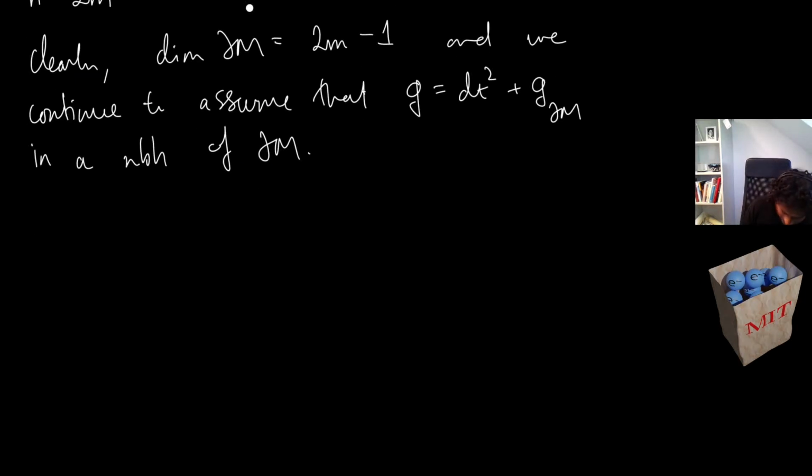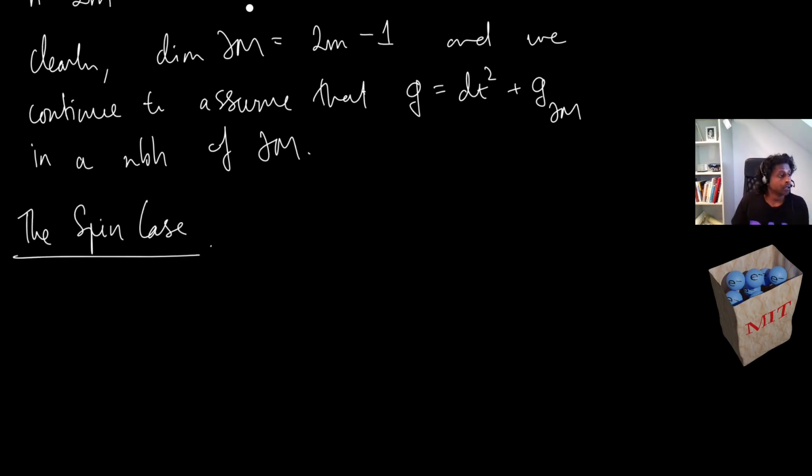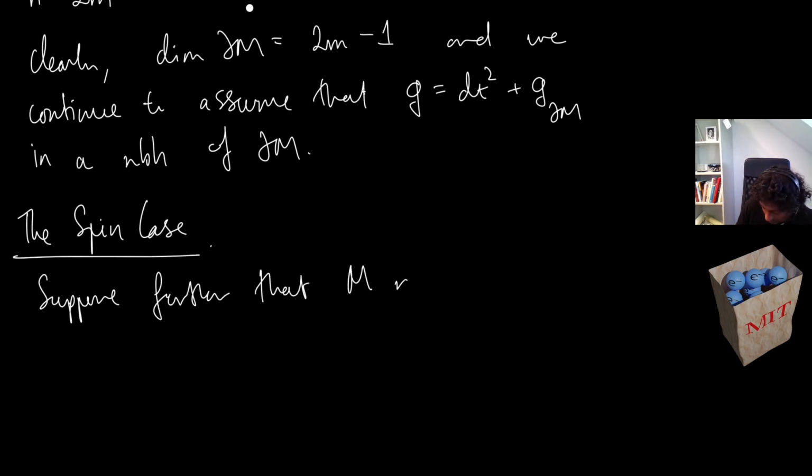So the first subsection is the spin case. Suppose further that M is spin, i.e. admits a spin structure.